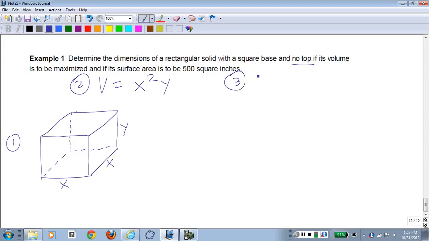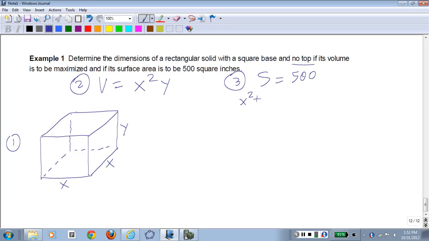Surface area equals 500. So I'm going to say x squared plus, well, the right-hand side is xy and the left-hand side is xy. The back is xy. The front is xy. So I want to say that's 4xy. Does that sound good?